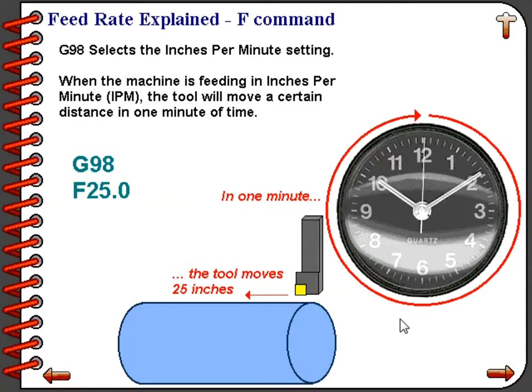That is why G99 is so much used on a CNC turning center, because regardless of how fast the part is spinning and how much the RPM changes, the cutting condition remains consistent. It is always cutting at so many thousandths per revolution. Whereas if we were in inches per minute, that cutting condition would constantly change based on the RPM changing, as in the case of G96.